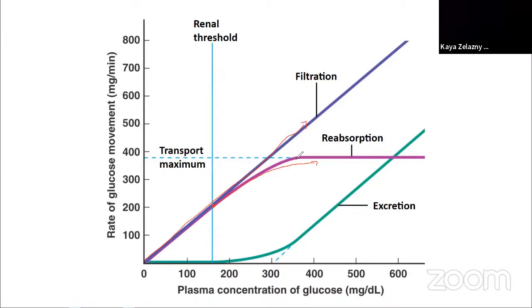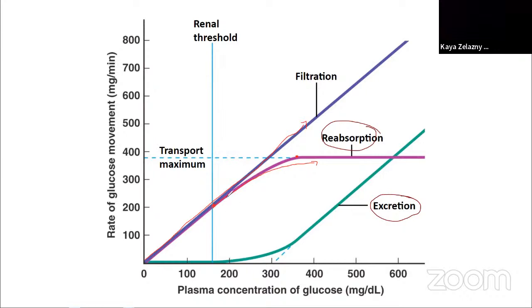At a certain point, we really are at the transport maximum, and then we're just going to see an absolute flat line, not even any tiny incremental increases. And we'll see that the reabsorption line is like the inverse of our excretion line. So if you added these together, you'd get something similar to your filtration line, right?